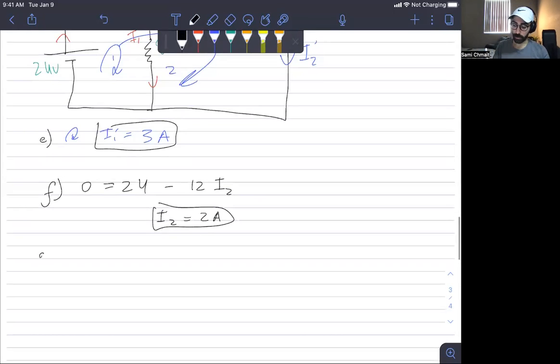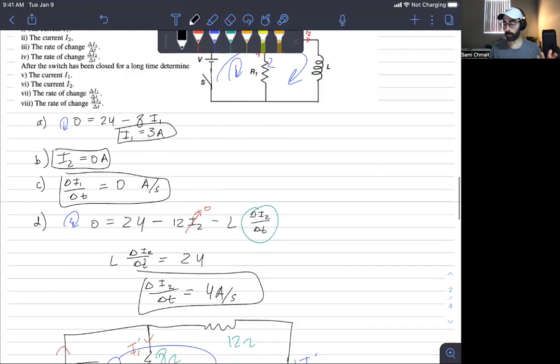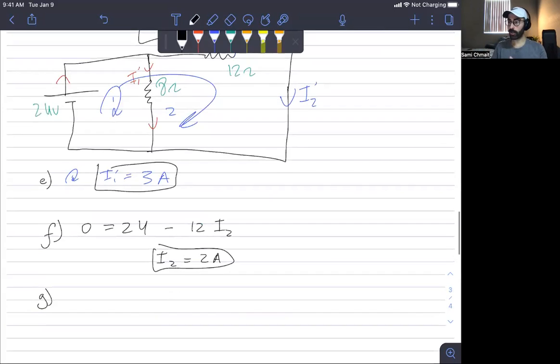Okay, G. We're asked for the change in current over time with respect to I1. It was before 3 amps. It is now 3 amps. So what's the change? Trick question. There is no change. Same thing.